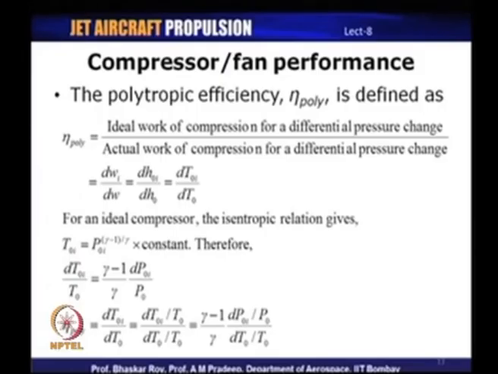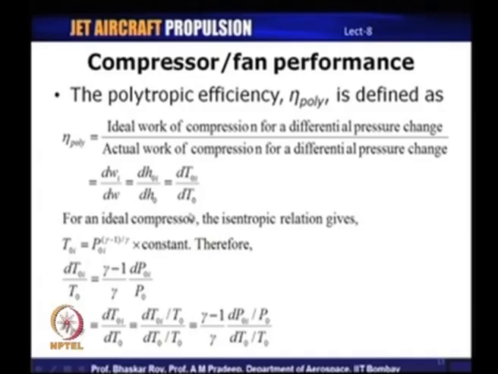So, this reduces to differential work ideal divided by differential work actual, which is equal to dh0I, the differential enthalpy change ideal, divided by dh0, the differential enthalpy rise actual. This is again approximated as dT0I divided by dT0.